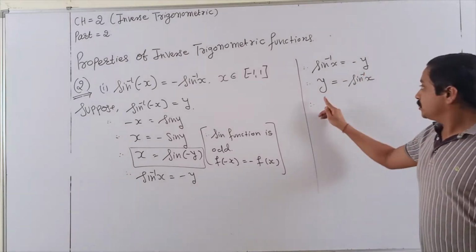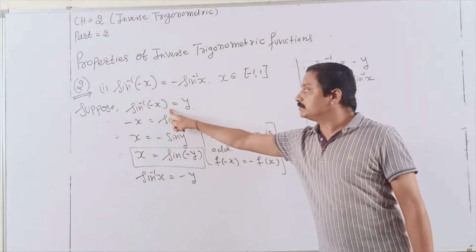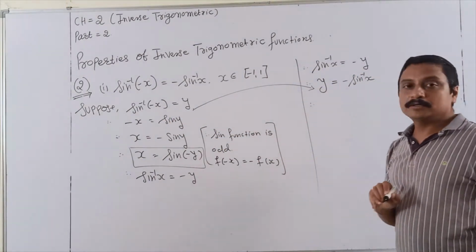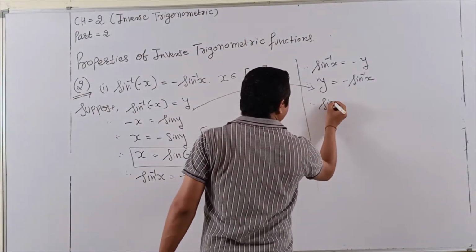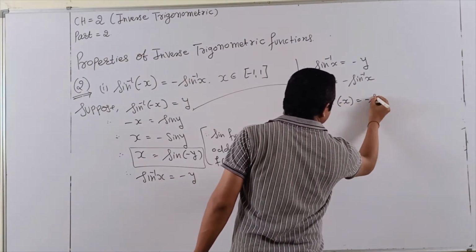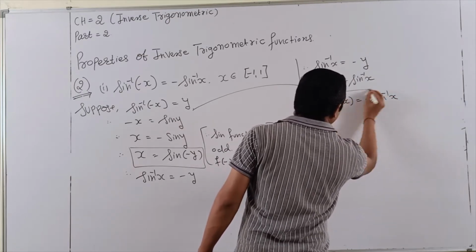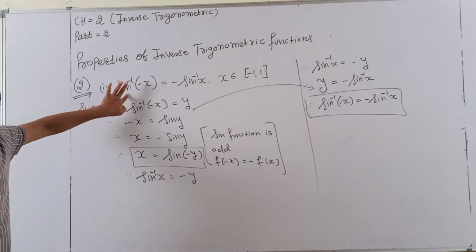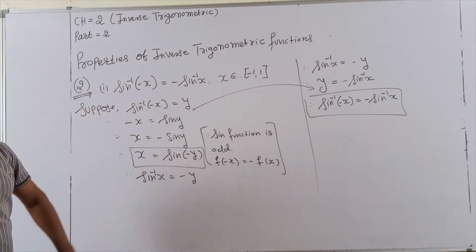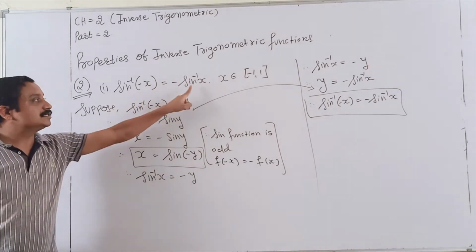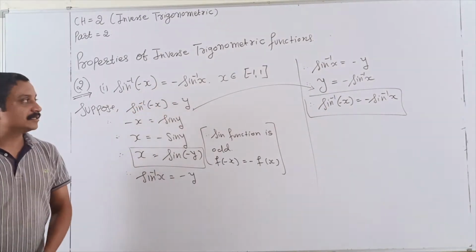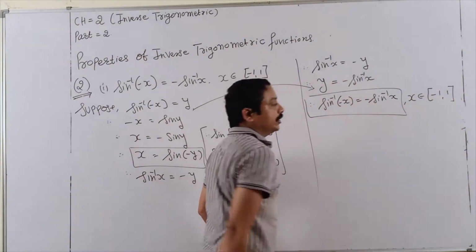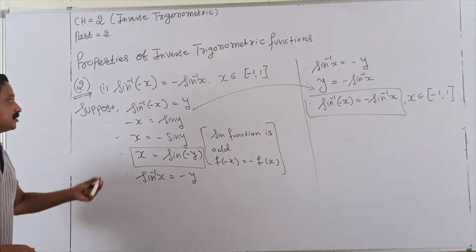Now students, this y you already assumed, so putting that value here, sin inverse of minus x is equal to minus sin inverse x, and that's my first case, happily done. So remember for theorem 2: sin inverse of minus x is equal to minus sin inverse x, in the range of minus 1 to 1. Yes, students, it's very easy.